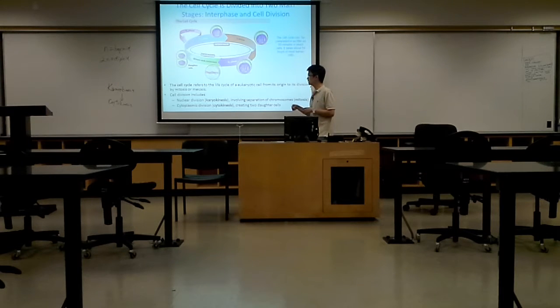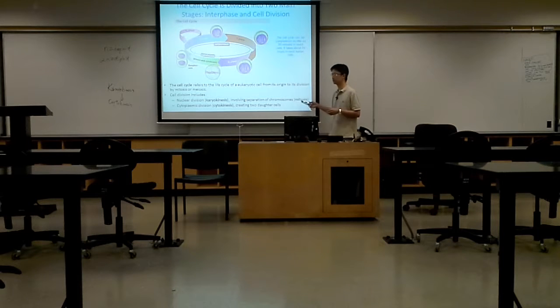So what does it mean? This is the definition of cell cycle. It basically tells you how the cell goes from non-dividing into mitosis or meiosis. As I told you before, first occurs the nuclear division, karyokinesis, and then the second step is cytokinesis.